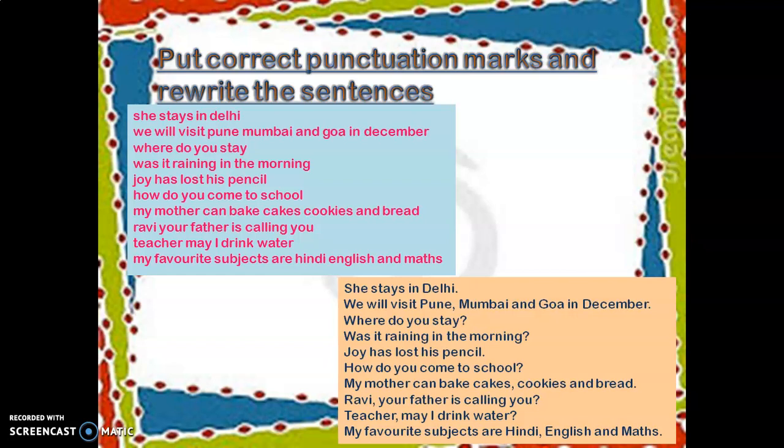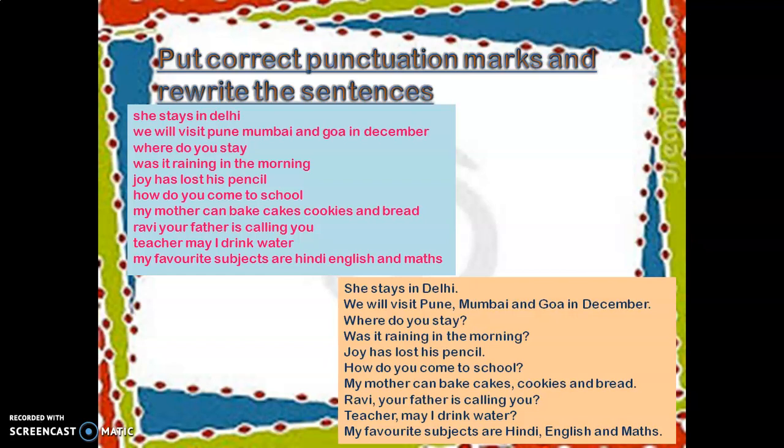We will visit Pune, Mumbai and Goa in December. So, the first letter, that is W, will be capital, and the proper nouns Pune, Mumbai, Goa and December, their first letter has to be capital, and between Pune, Mumbai and Goa, we need to put a comma between Pune and Mumbai.